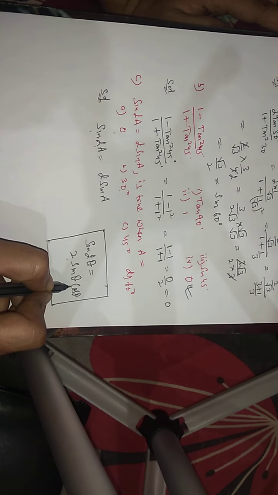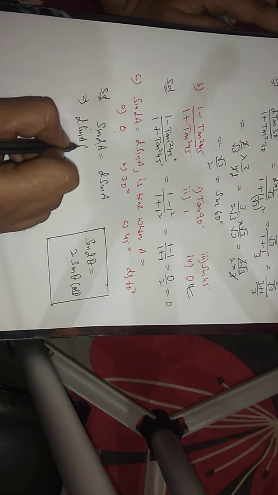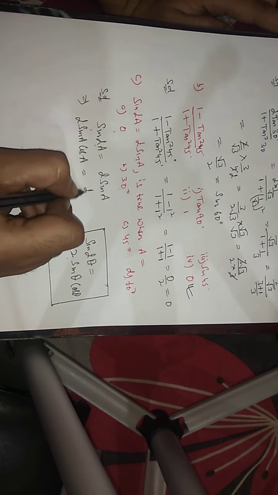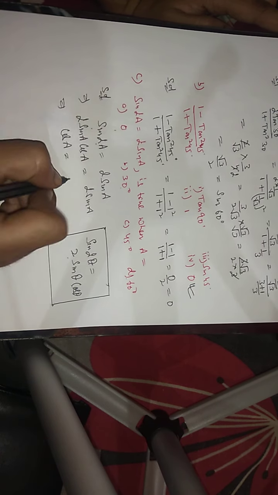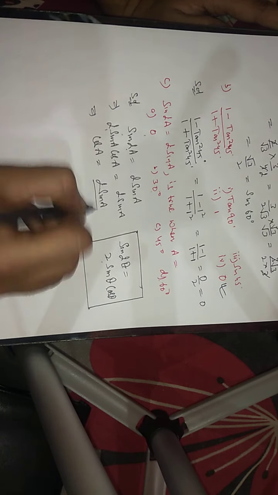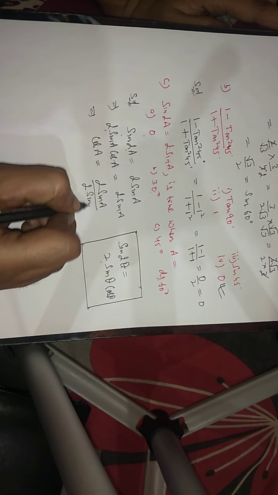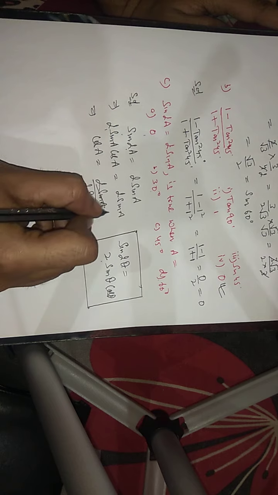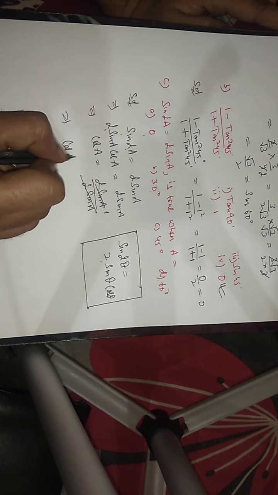As you know, sine 2 theta is 2 sine theta cos theta. So sine 2a can be written as 2 sine a cos a is equal to 2 sine a. When we transpose, it gets divided by 2 sine a upon 2 sine a, it becomes 1. So cos a is equal to 1.